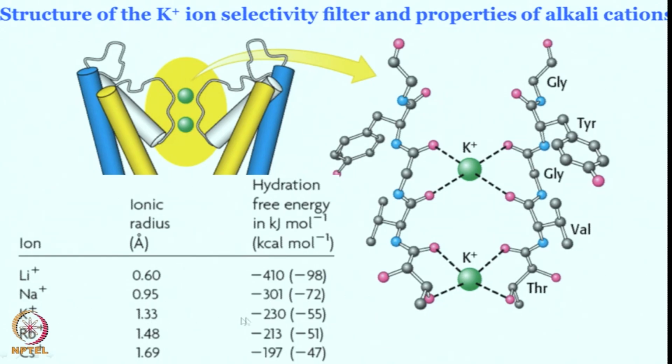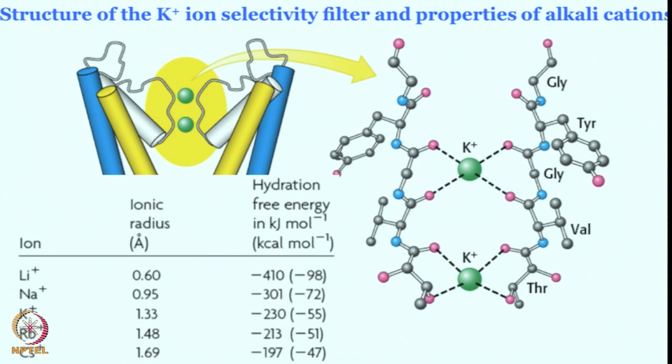Potassium on the other hand is in the middle, with moderate hydration energy and moderate size, which is perfectly matching for passage through the channel, and the size is absolutely fantastic provided it can lose the water molecules and interact with this protein residue, which is feasible in this case, but not feasible with lithium and sodium. Therefore, they are missing out the fun of passing through this potassium channel. So, the selectivity can be answered this way.